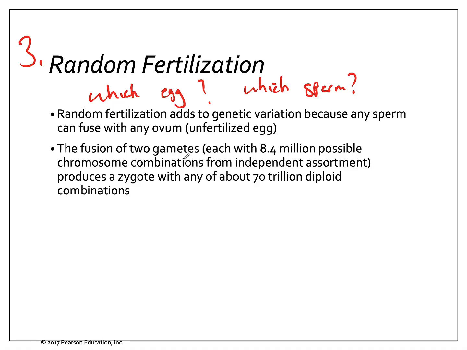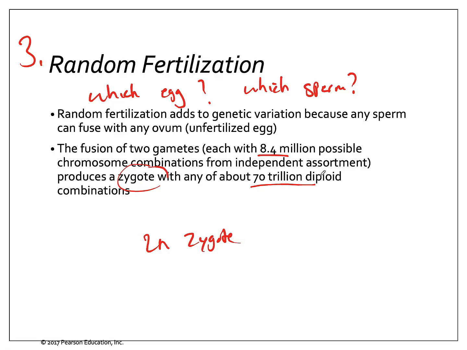The fusion of 2 gametes, so each egg or each sperm has 8.4 million possible chromosome combinations from just independent assortment, and more from crossing over, is going to produce a zygote, right? So we have fertilization of egg plus sperm is going to make our 2N zygote. And we have about 70 trillion zygote combinations based on which egg and which sperm was the one that actually was able to fertilize.